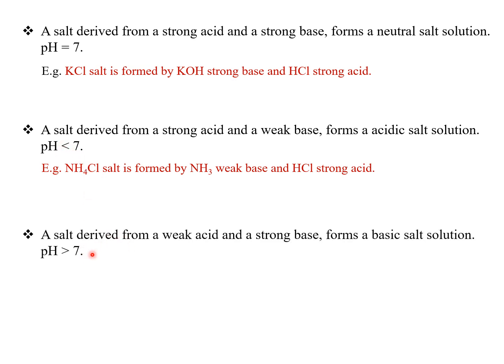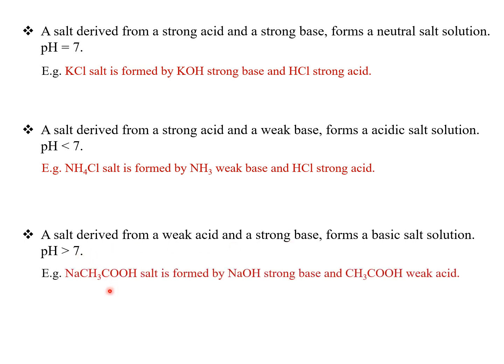The third situation is when the salt is derived from a weak acid and a strong base. The pH of the salt goes to the stronger side, that is basic, pH greater than 7. For example, sodium acetate is formed by mixing sodium hydroxide, a strong base, with acetic acid, a weak acid.